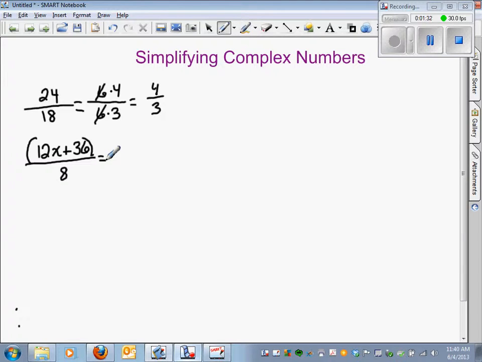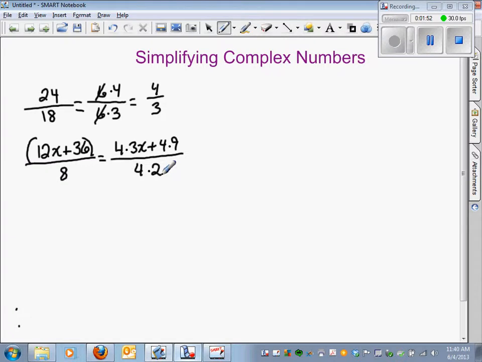So 4 times 3x plus 4 times 9 over 4 times 2 is an equivalent way to write the initial fraction.